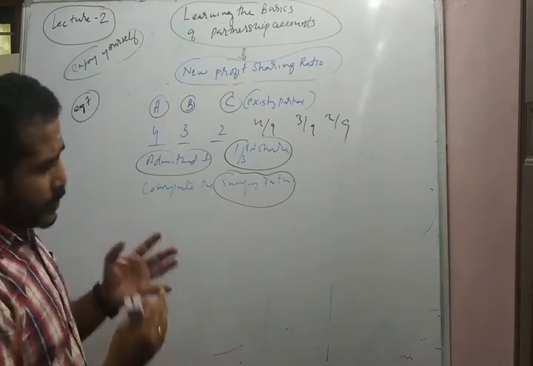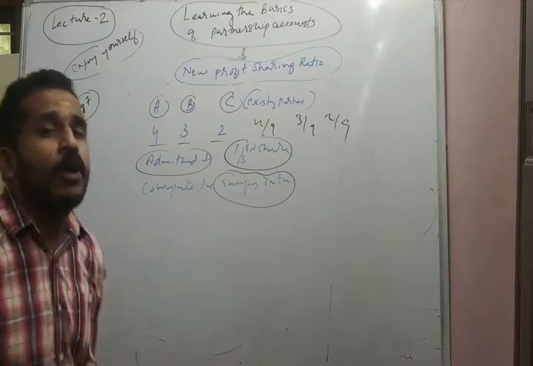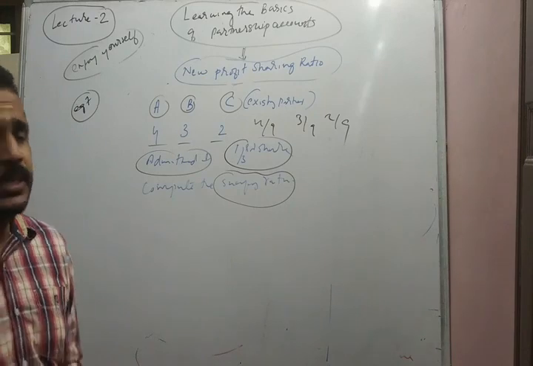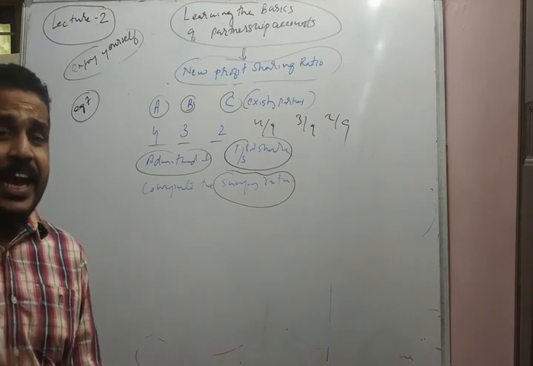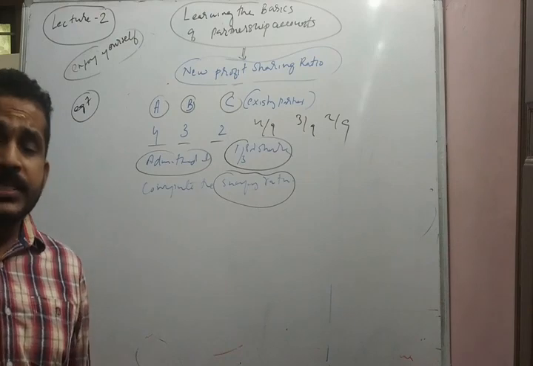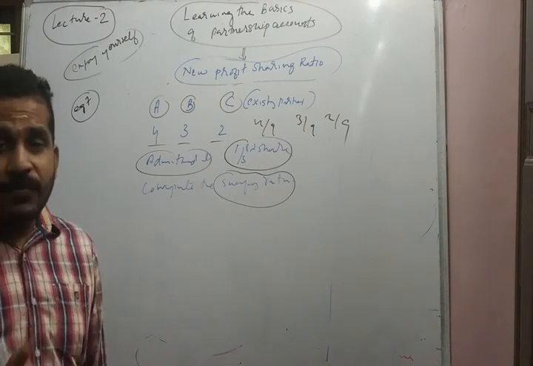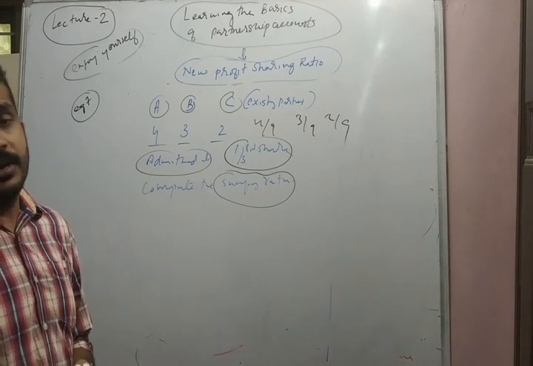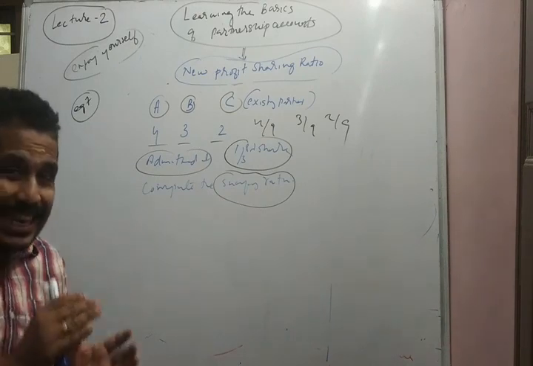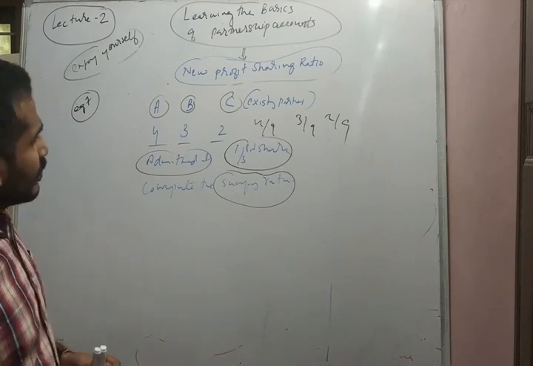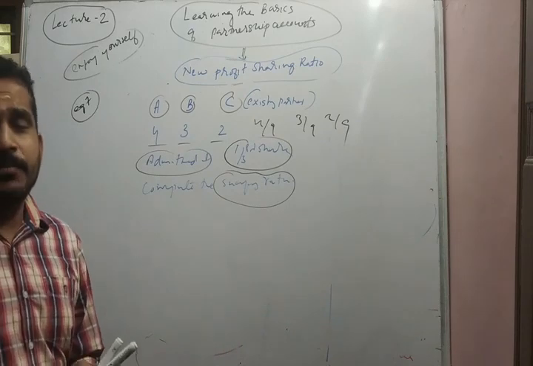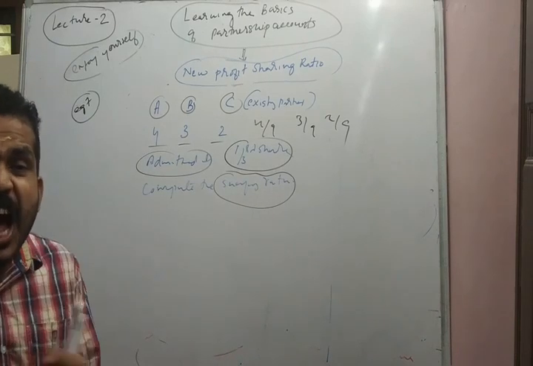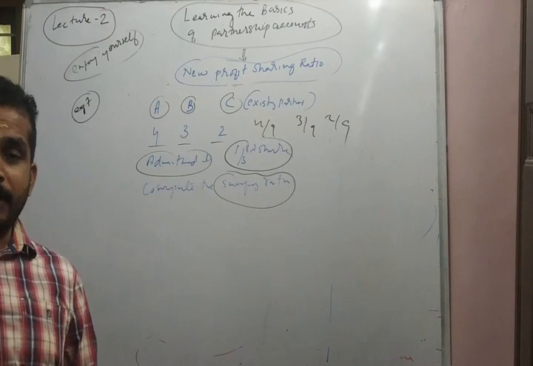See, this problem is quite similar to the previous two problems, example 5 and example 6, where we have learned that if the nth share of the incoming partner is given in the question and the share sacrificed by the existing partners is not given, then the old ratio of the existing partners will be equal to the sacrificing ratio of the existing partners after the admission of the incoming partner.